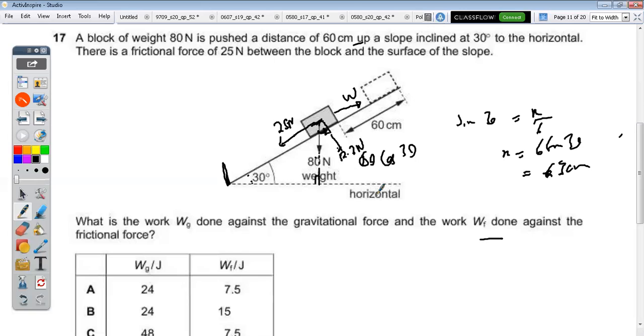Which calculator is it? That should be 40. 80 sine theta, that's not a negative. Sine theta is 0.5, so how can you get a negative? So what do you get? Should be 40 newtons.